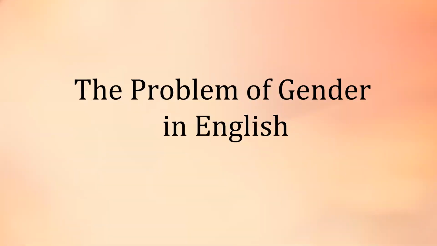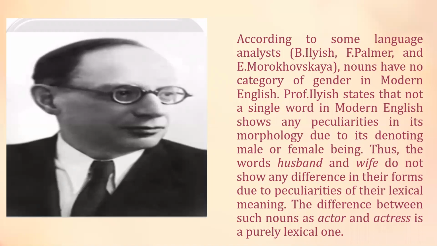Let us discuss the problem of gender in English. This is quite a disputable issue in modern English linguistics. According to some language analysts, Ilyish, Palmer, and Markowska, nouns have no category of gender in modern English. Professor Ilyish states that not a single word in modern English shows any peculiarities in its morphology due to its denoting a male or female being.